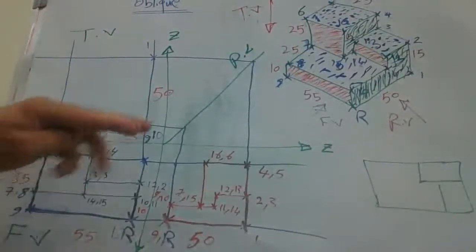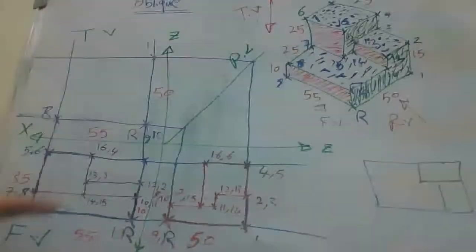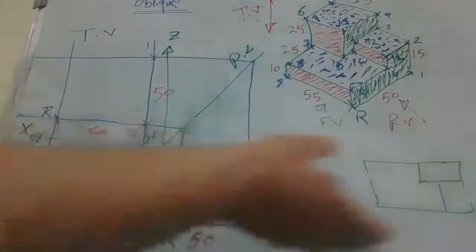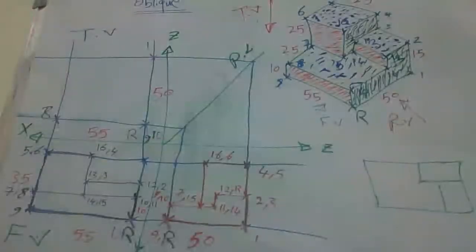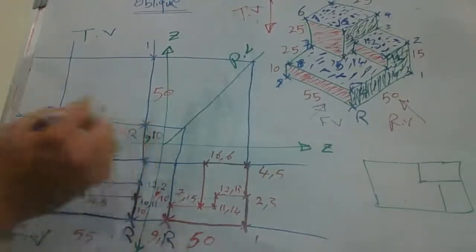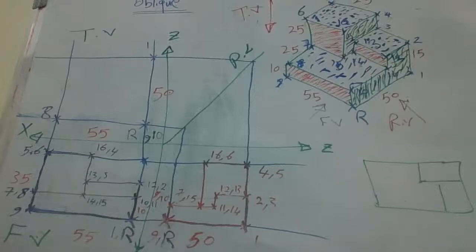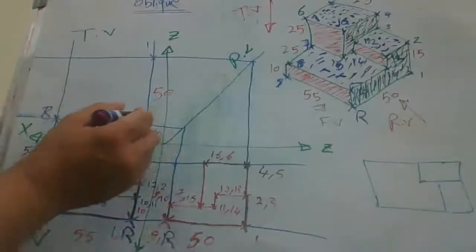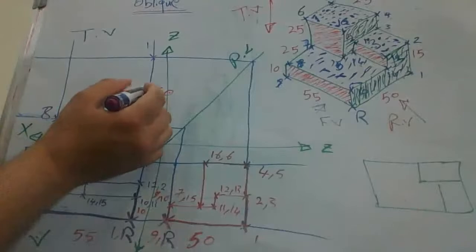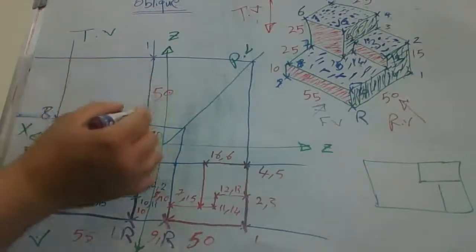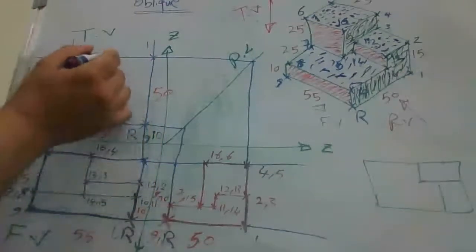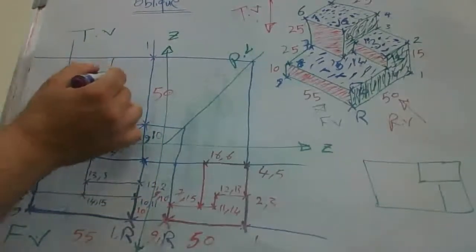So if 10 and 8 are a shared length between the front view and the top view, we can just rotate the shape to get the right shape. Now 10 and 8 are here. From 10 we can draw the shape like this one.